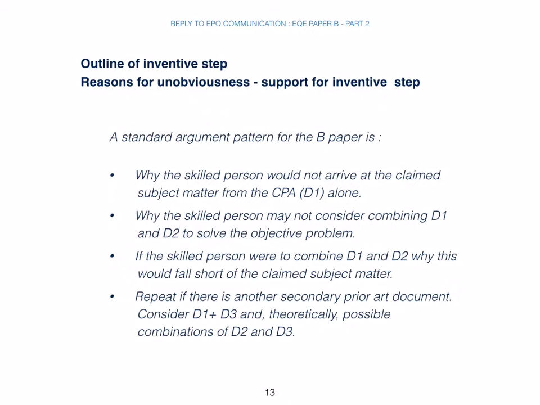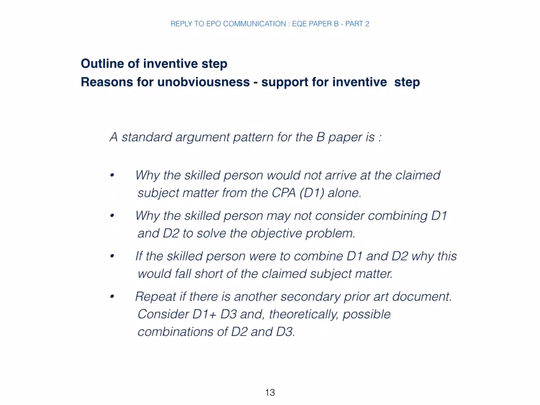A standard argument pattern for the paper B is the following. First, why the skilled person would not arrive at the claimed subject matter from the closest prior art, which happens to be D1, taken alone.